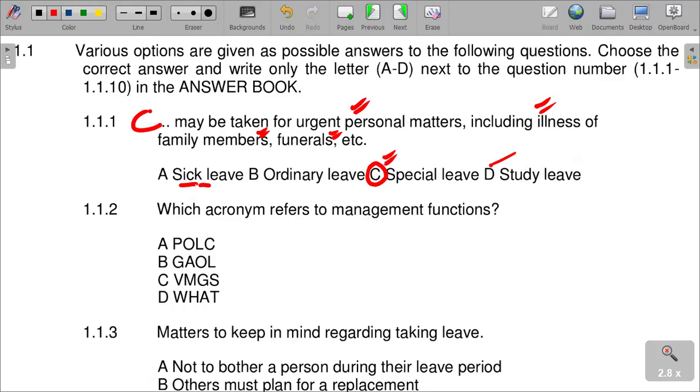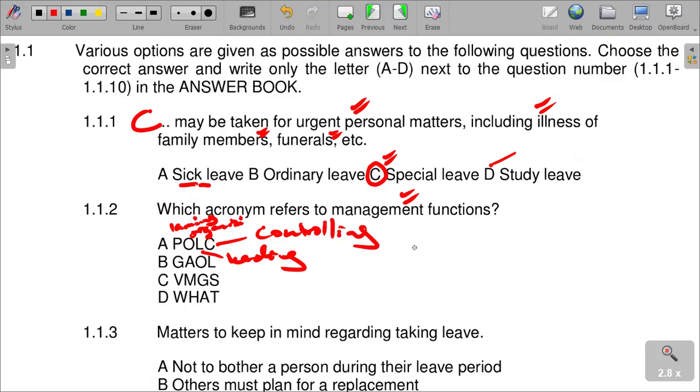It's C. Which acronym refers to management functions? I'm quite sure that this is a very common and very interesting area of our subject. When we talk about management functions, it includes planning, organizing, leading, and then finally controlling.